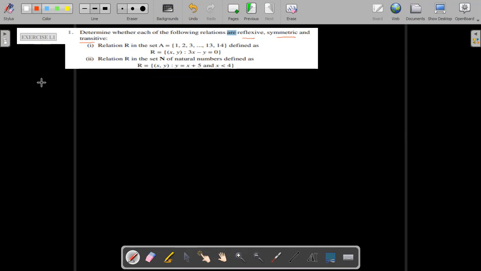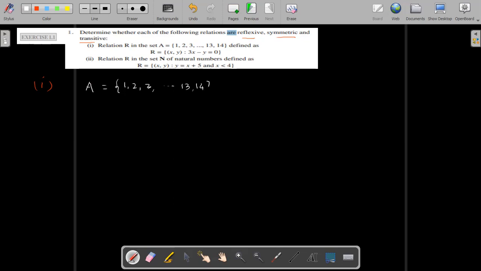So, question number one. Given is set A. First, you check what the elements in set A are: 1, 2, 3 up to 13, 14.